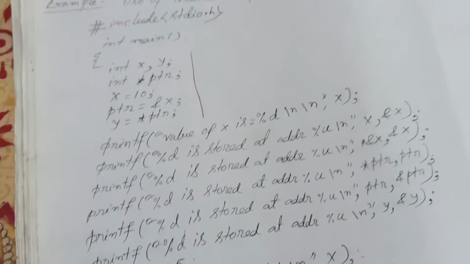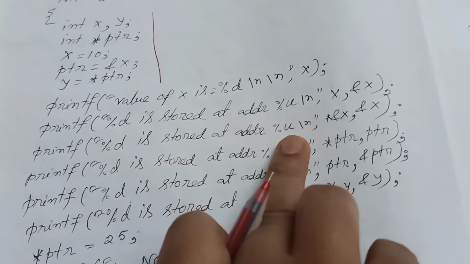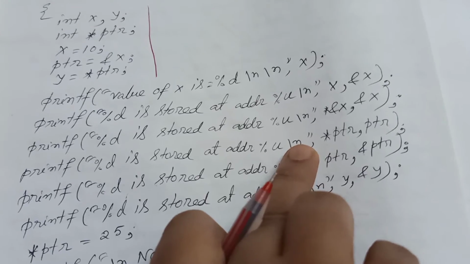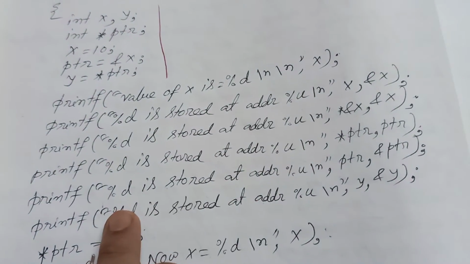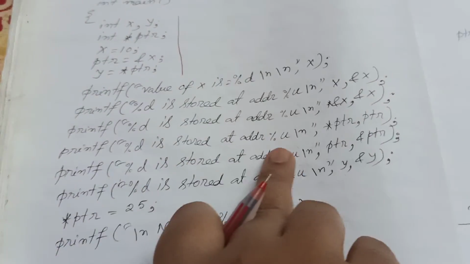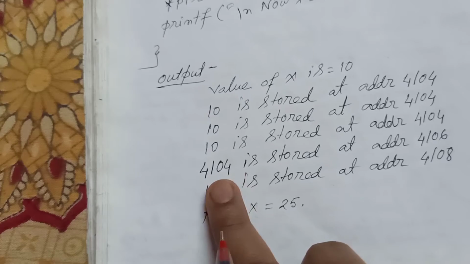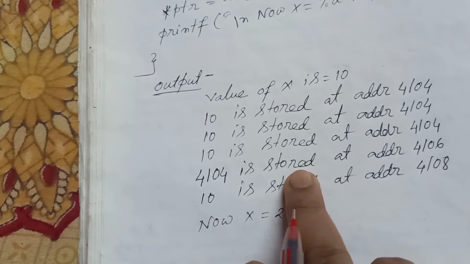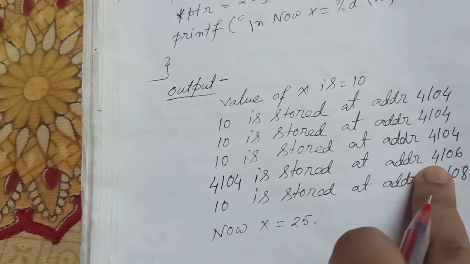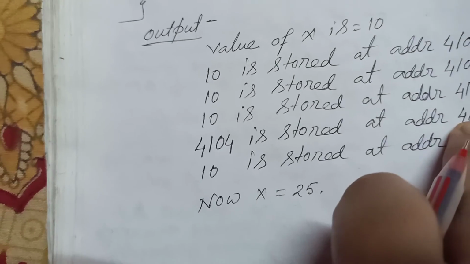Okay, up to this it's okay. Now for the fourth printf, we are getting 4104 is stored at address 4106.